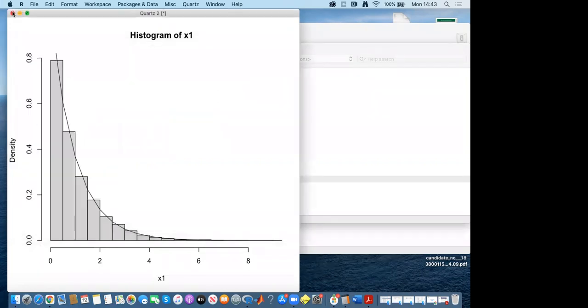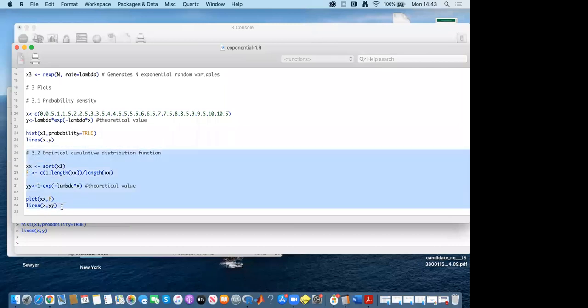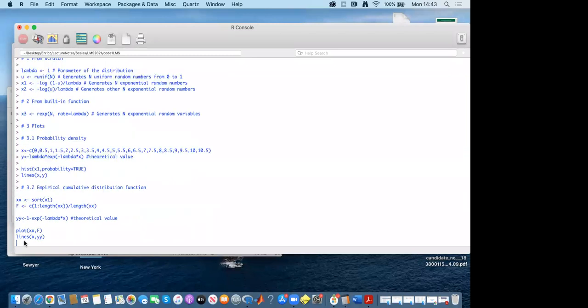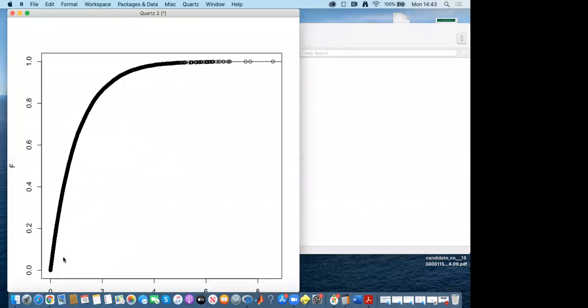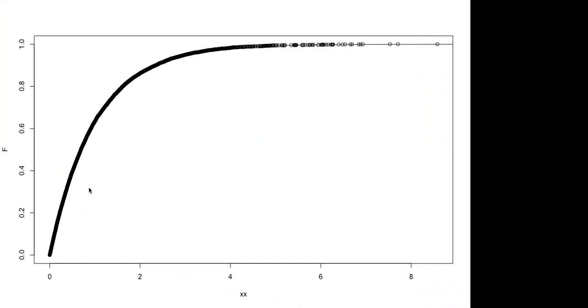Let me remove this plot and do the same here. Let me move this a bit down. You see in this plot that the Monte Carlo simulation is represented by these circles here, and the theoretical value is represented by the solid line.